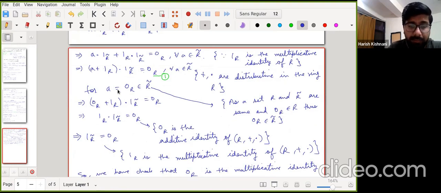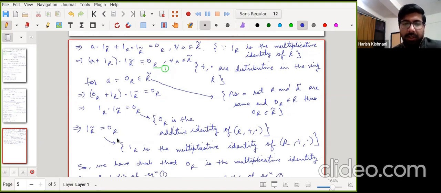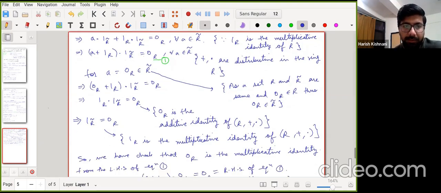For this particular element, I saw that 1 of R delta has to be 0 of R. If 1 of R delta is the multiplicative identity, then 1 of R delta has to be 0 of R. There is no other choice. So 1 of R delta equal to 0 of R is the only possible choice.